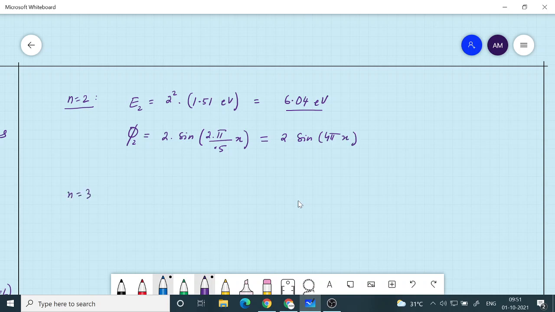Okay, one more let us take. N is equal to 3. You have E3 is equal to 3 squared, n squared into 1.51 electron volt. So 3 squared means it is 9. So 9 multiplied by 1.51 will be around 13.59. I am writing it from the book.